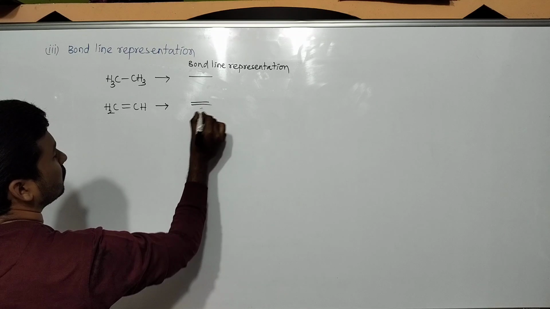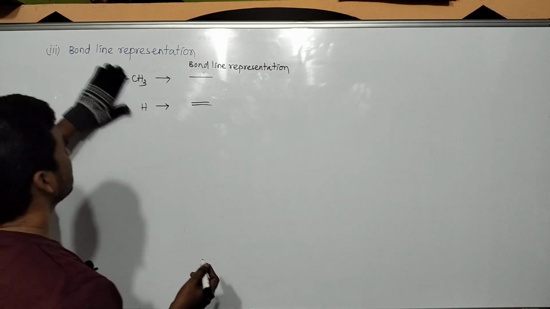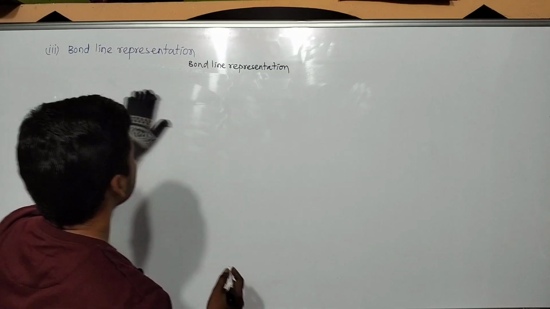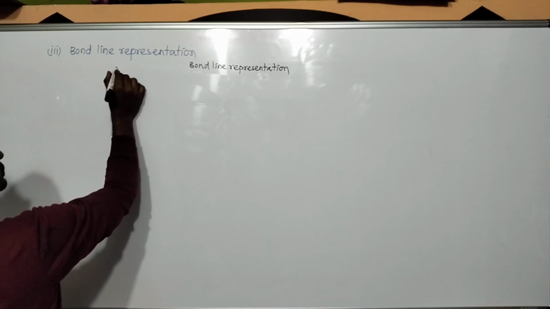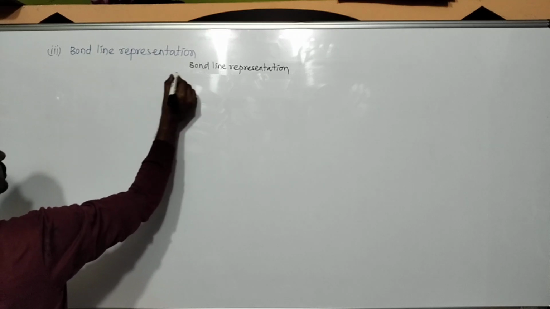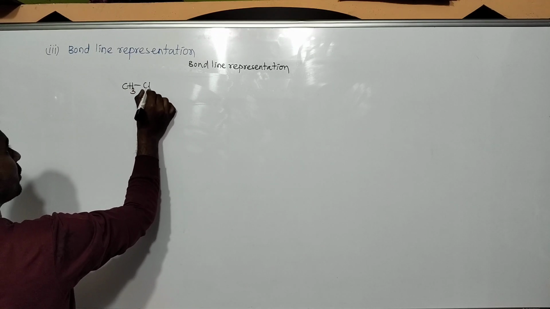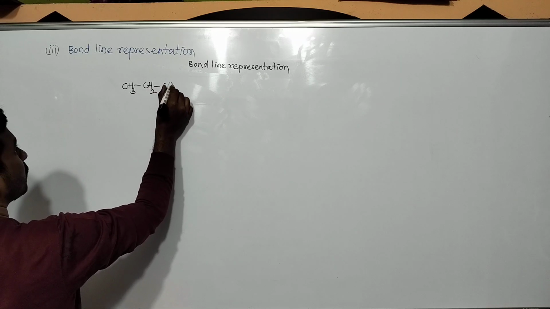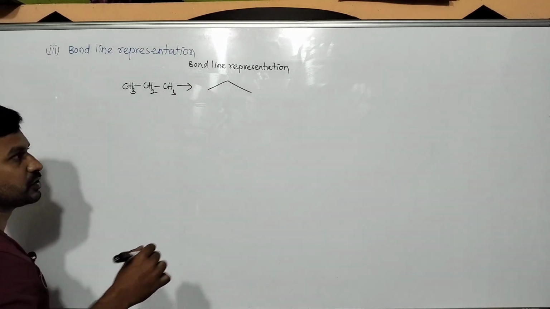So for at least three carbon atoms, bond line representation versus complete formula. I am writing propane, CH3 CH2 CH3. Its bond line formula is like this, a zigzag.